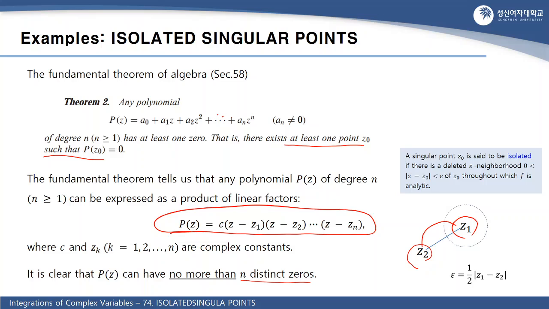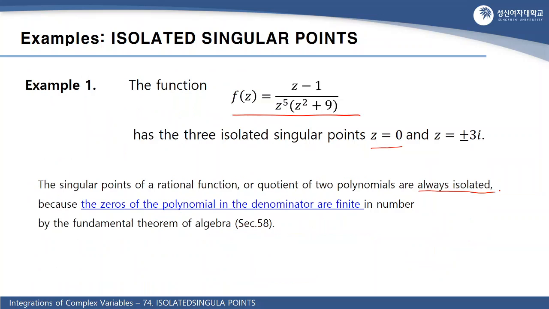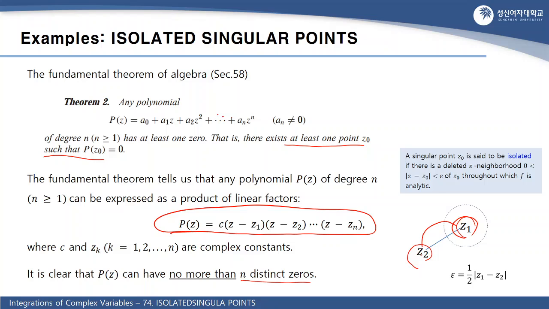If we take epsilon as half the distance between 2 points, then z1 is a singular point when we consider some rational function where particularly the denominator has 0 at zk here, because we can have a deleted epsilon neighborhood like this, throughout which f is analytic.